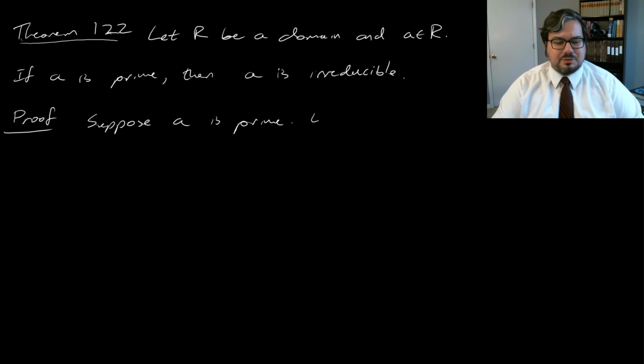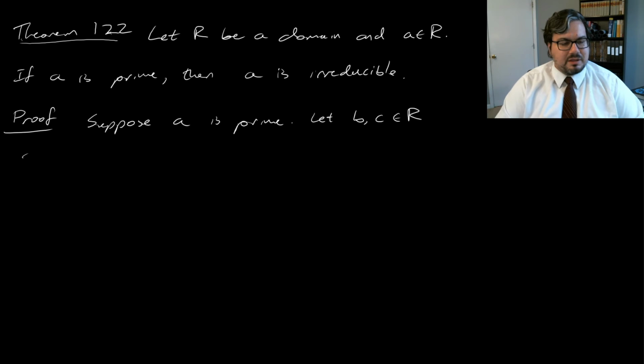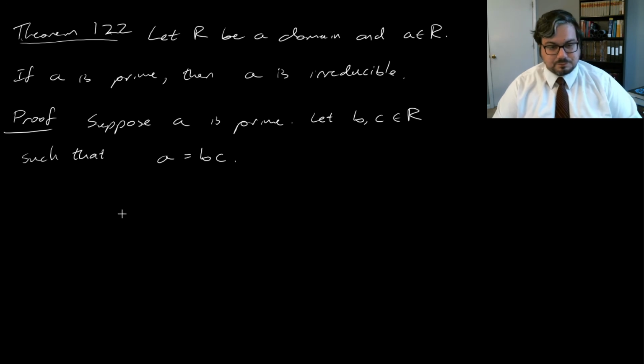So what we can do is we can say, let's let B and C be elements of R such that A is equal to BC. And we want to show that one of B or C must be a unit.